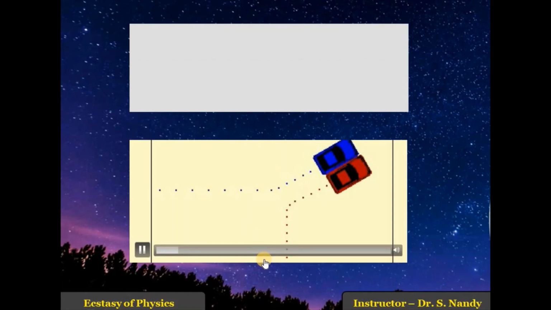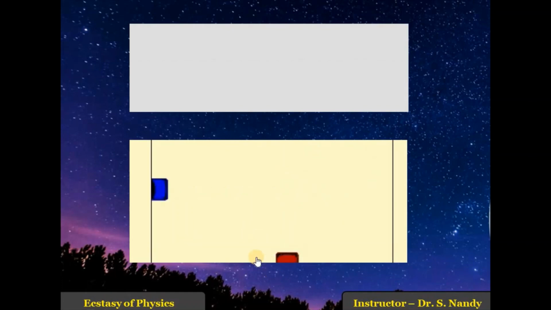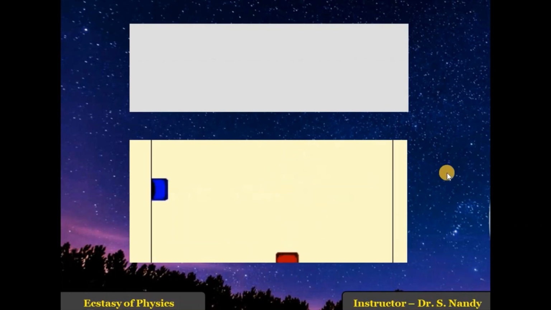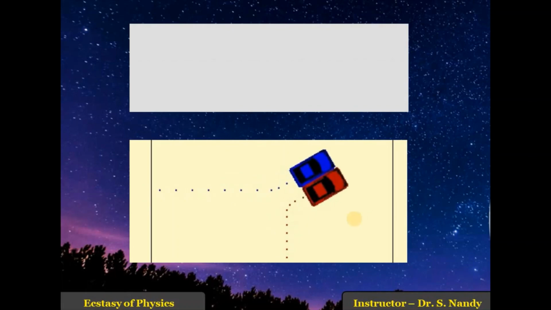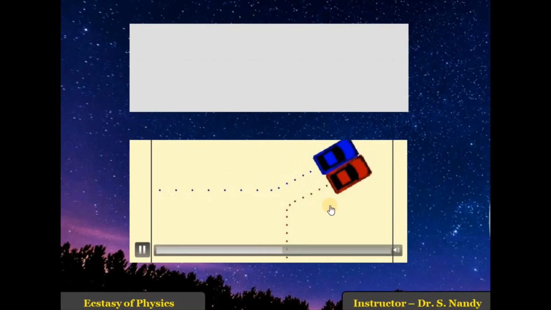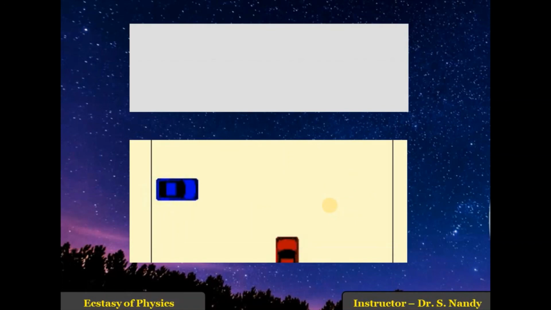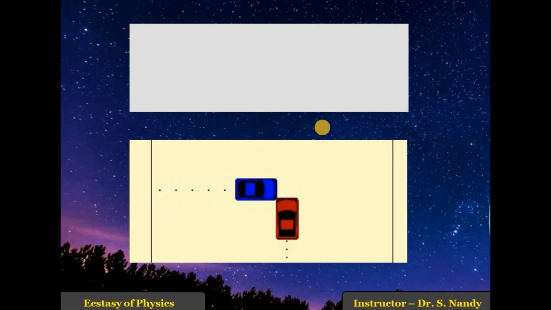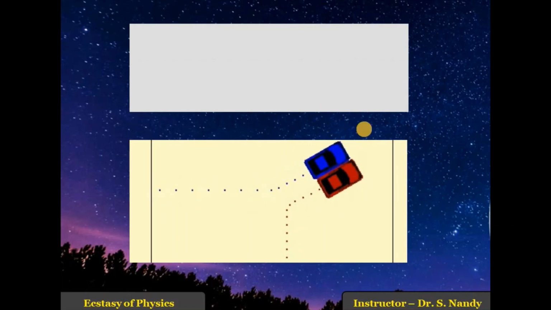Here two cars are moving towards each other, but they are coming perpendicular to each other, and after colliding they will be moving in some different directions. So their lines of action of the velocities are different. So this second case can be considered a two-dimensional collision, and since they are moving together with the same velocity, it can be considered a perfectly inelastic collision. So the second case is an example of a two-dimensional perfectly inelastic collision.